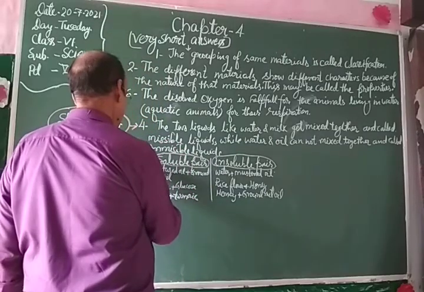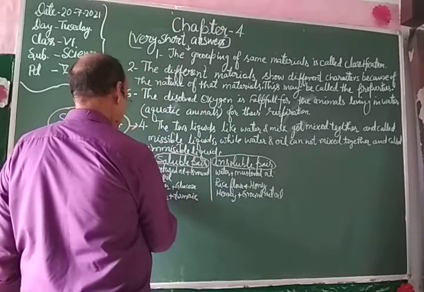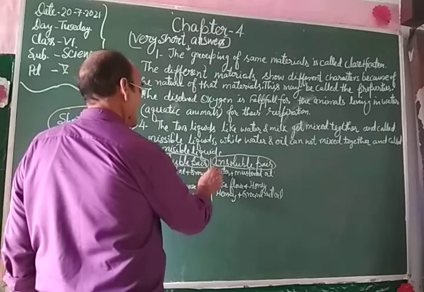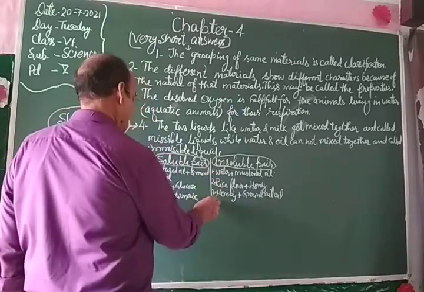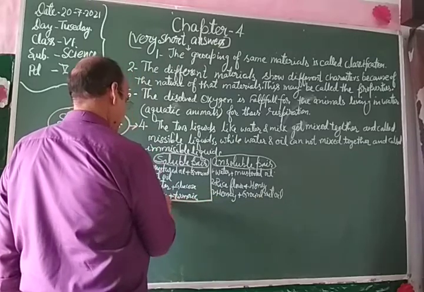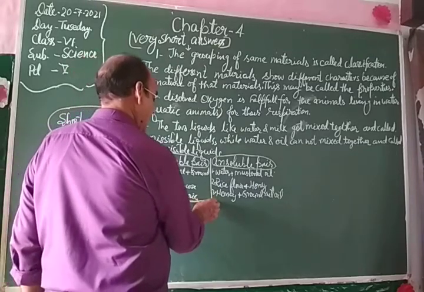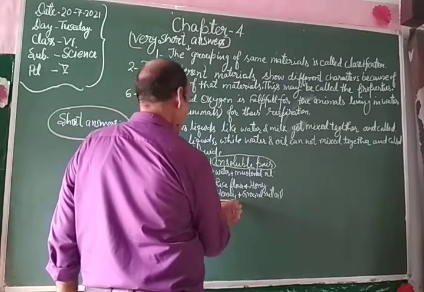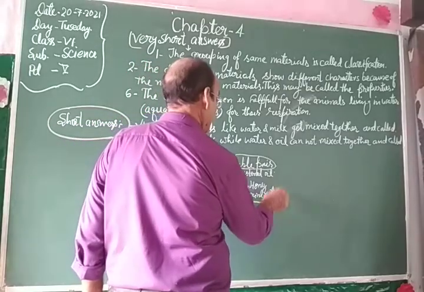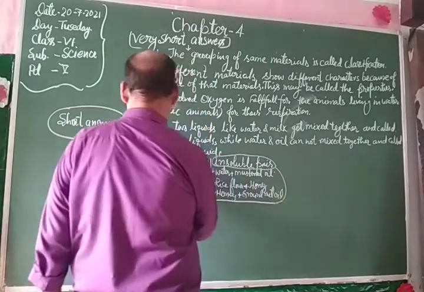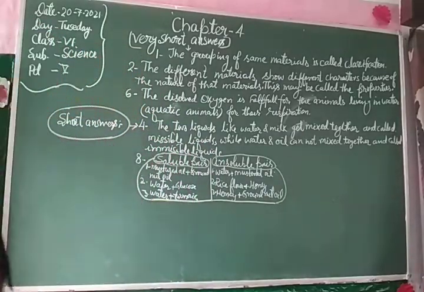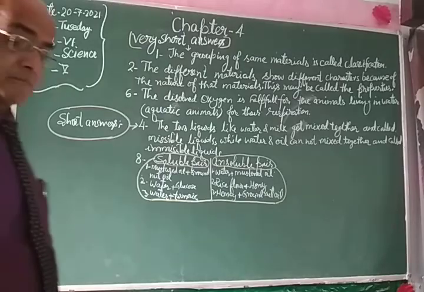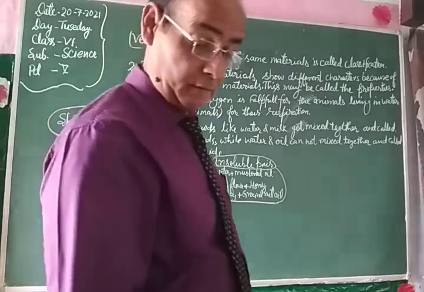So 1, 2, 3. These are the three pairs given here as the answer of the short answer question. Now, my dear students, come to the long answer question.